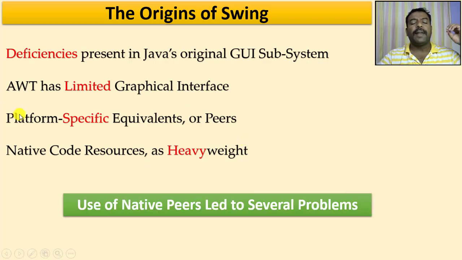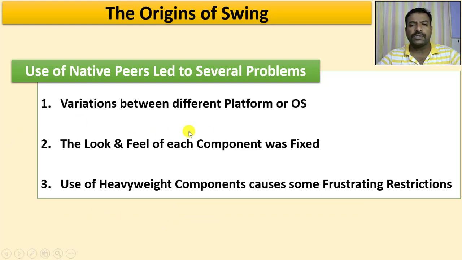Hence, with the platform specific applications or the platform specific AWT interface, I ran into several problems due to the platform specific native peers. We had a few problems with respect to whatever graphical interface we were using.